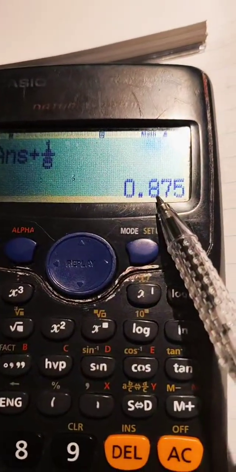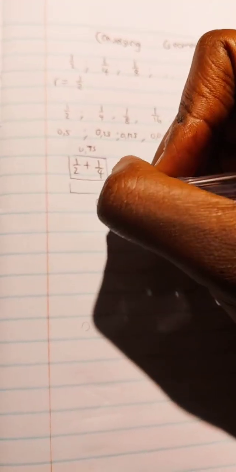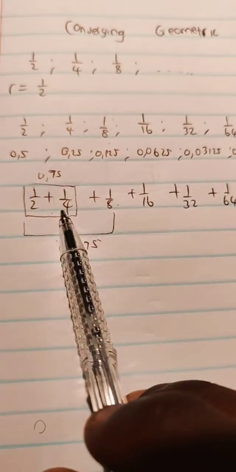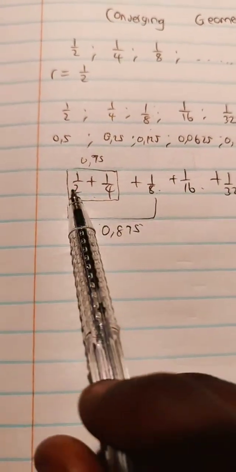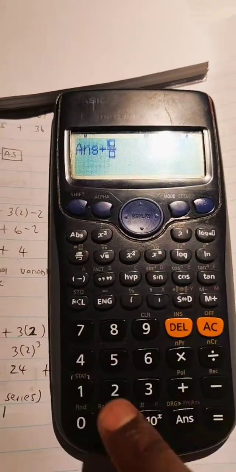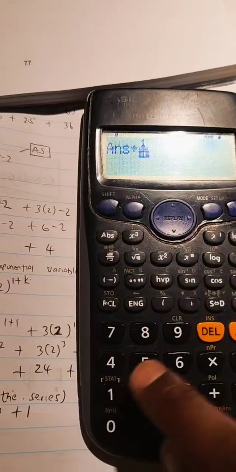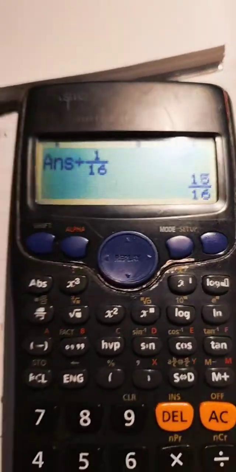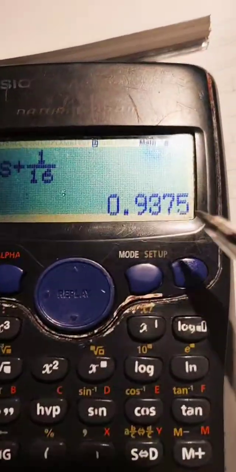But what do you notice? When we add the first 3 terms, we actually get 0.875. Now, that's fine. Let's extend it further. Let's add the first 4 terms, meaning we are now adding 1 over 16 to everything that we have. Let's see, hopefully we'll get 1.